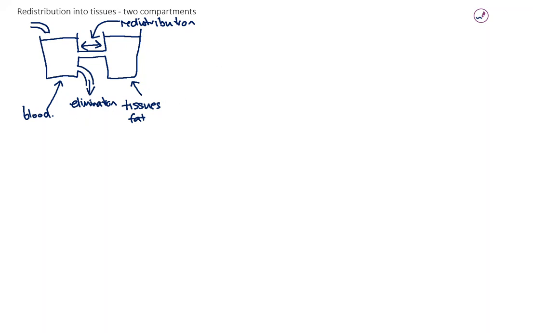So if you think about your concentration versus time graph, we'll just sketch one out. You start with a certain concentration. The drug goes straight into the plasma, into the blood, and it distributes everywhere into that.